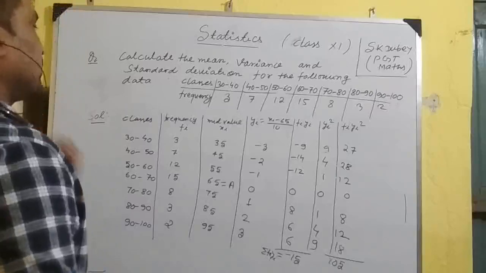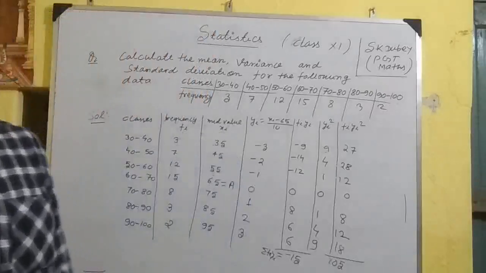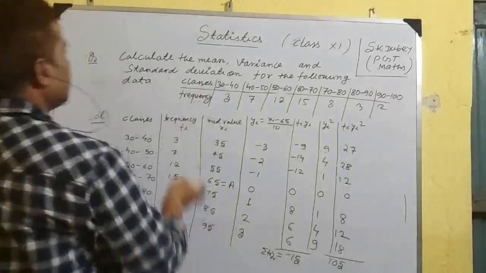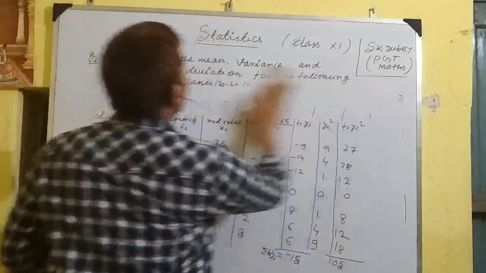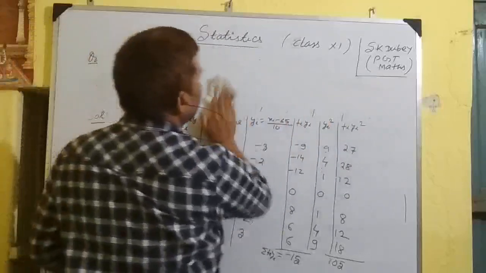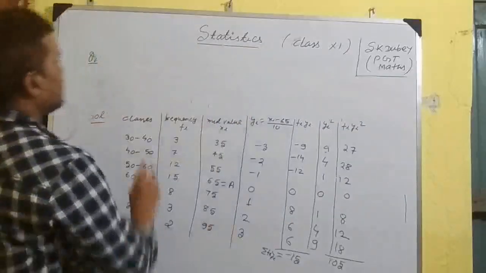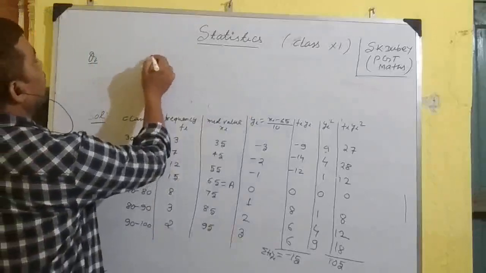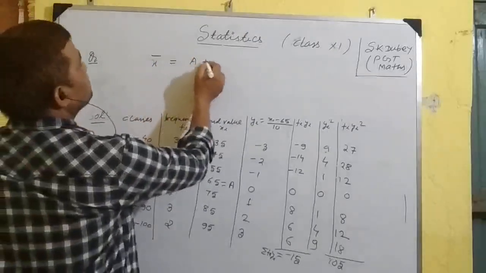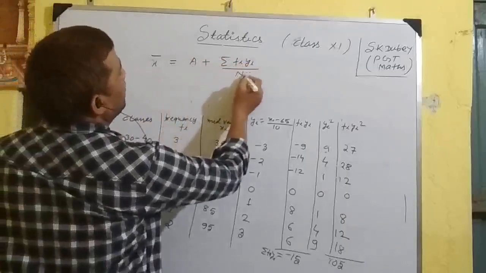Now I am going to find the mean. First of all, we will find the mean of the given frequency table. The formula to calculate the mean by the shortcut method, we have already learned in class 10: x mean is A plus summation of fi yi divided by n, into h.